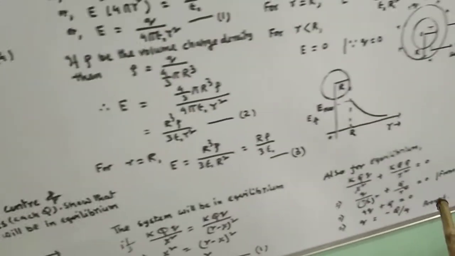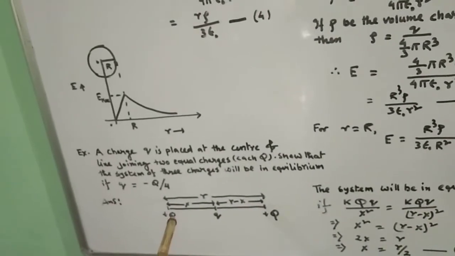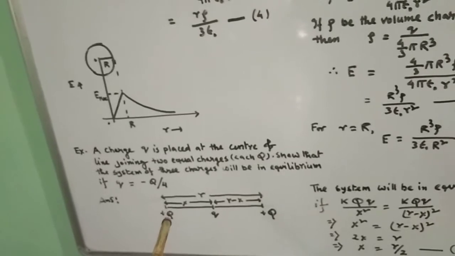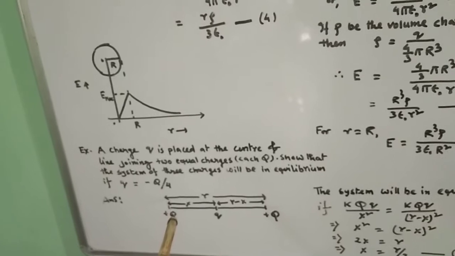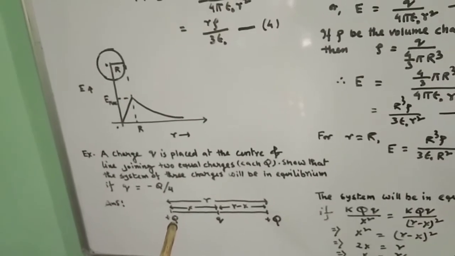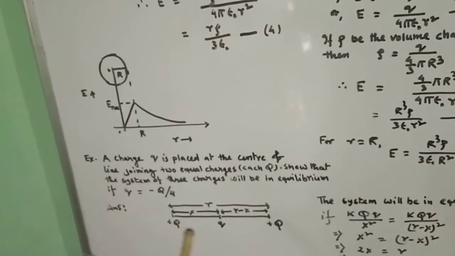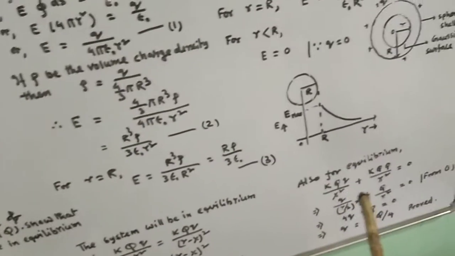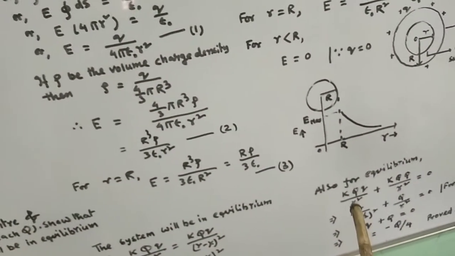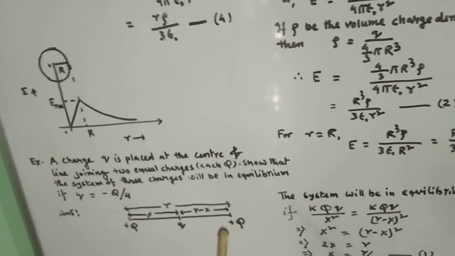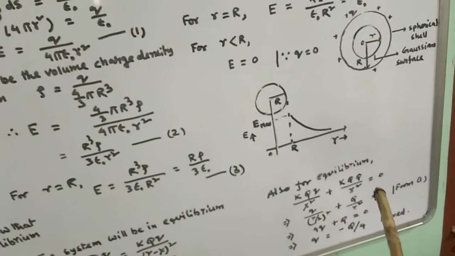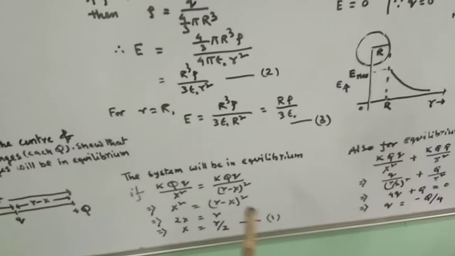Again, there may be the possibility of equilibrium if we consider any end charge. If we consider this charge, and calculate the total force on this charge due to this charge individually as well as the other charge, and if the sum of the forces is 0, then also it is in equilibrium. So the force on charge capital Q due to small q should be k Q q by x square. And the force on capital Q due to the other charge is k Q Q by r square. Already we have defined x equals r by 2.